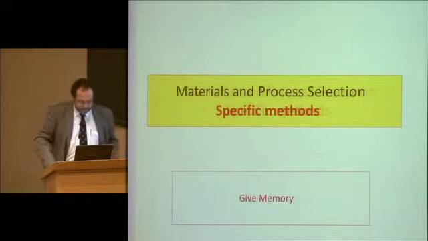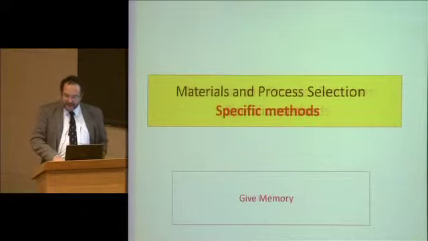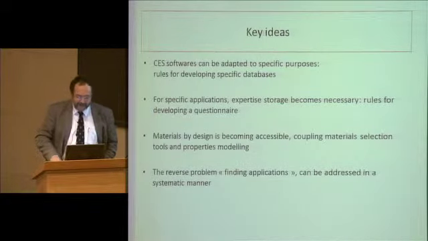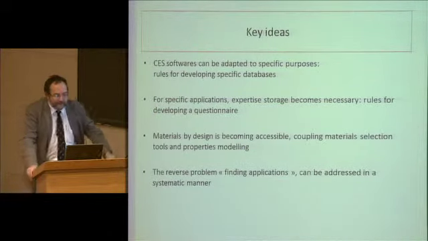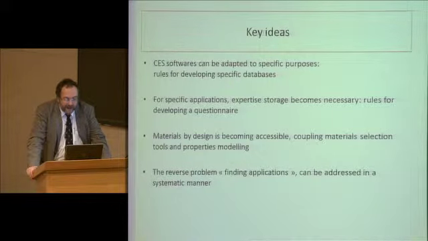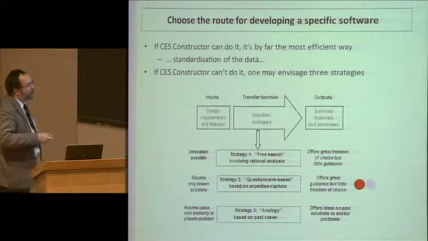So, specific methods of choice. In the same way as earlier I was telling you that systematic methods give you freedom, specific applications gives you memory, and we're increasingly in cases where you're not only storing data, you're storing know-how, expertise.